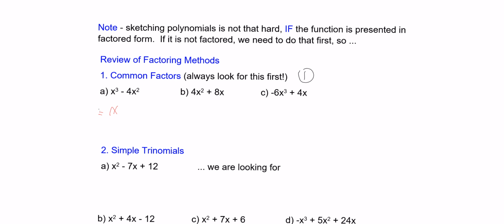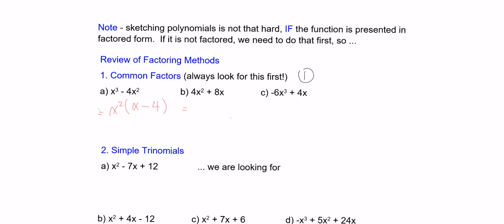The highest power we can pull out is x squared. In the bracket, you have to think about it like this: x cubed divided by x squared gives us just x, minus 4. And there is our answer.